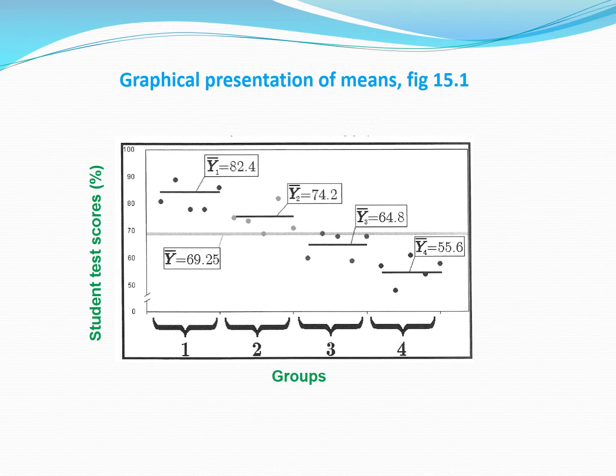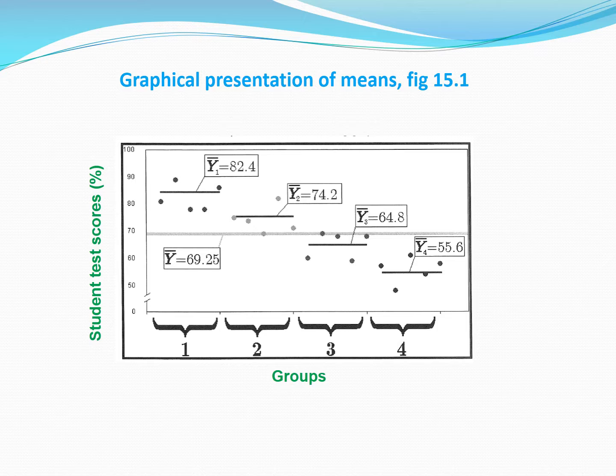So if you look at the scatter plot, you can see that there's definitely a difference between the means for the 4 groups, because there is some variation between them. And group 1 will have the highest scores, whereas group 4 had the lowest scores.